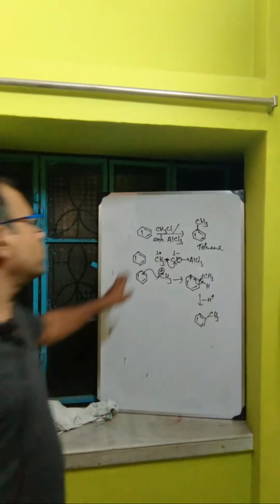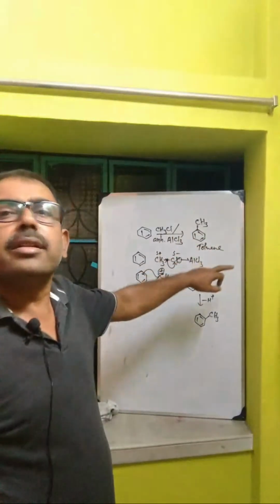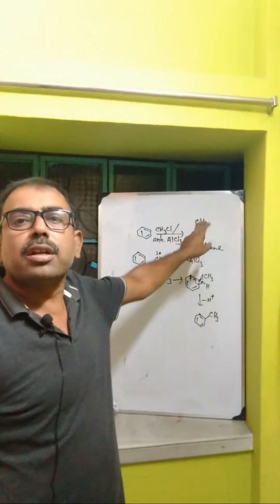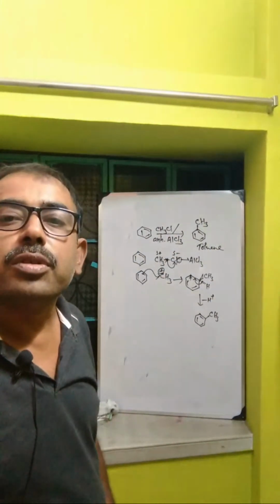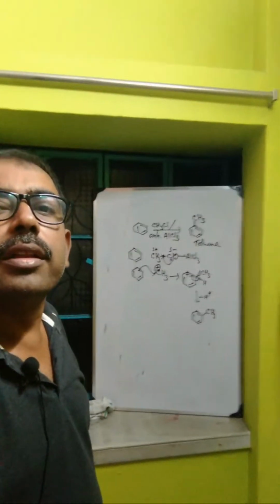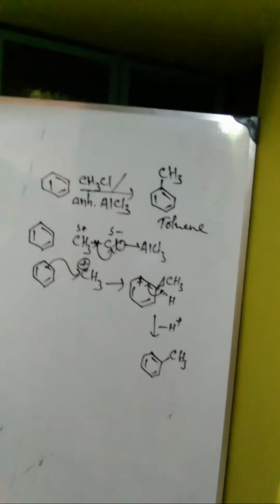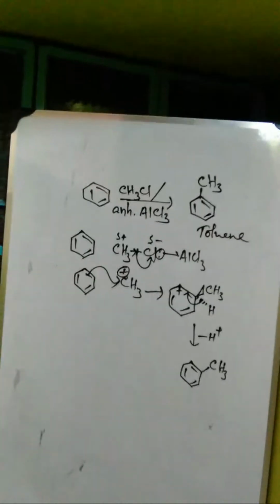So if you use CH3 here, then the CH3 will go to this position. If instead of CH3 you use a C2H5 group, then the C2H5 will be there. So this is the reaction.